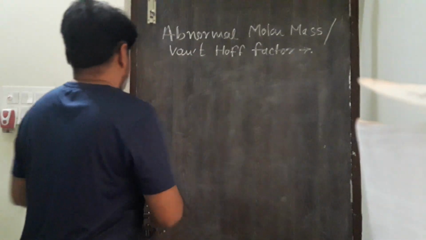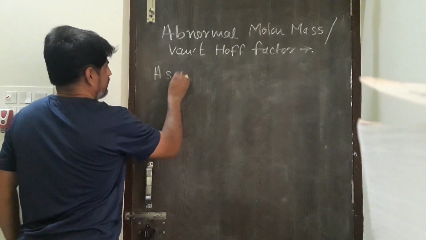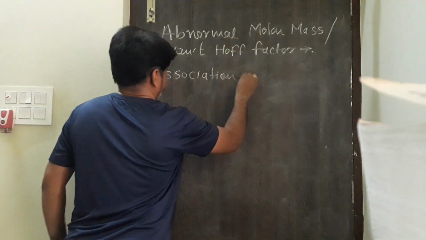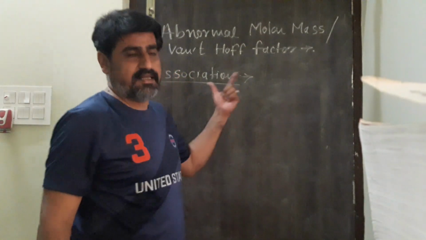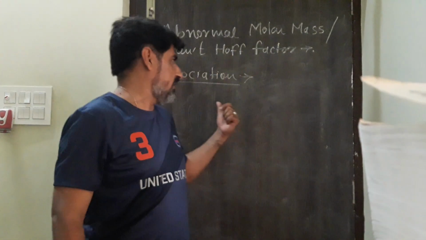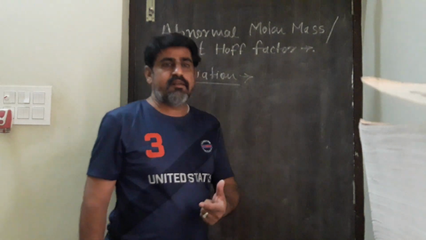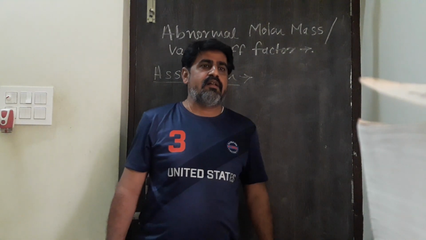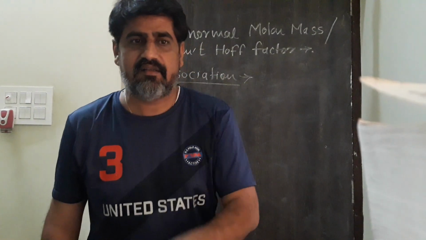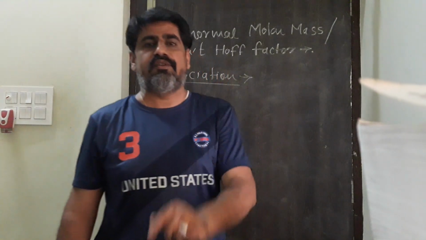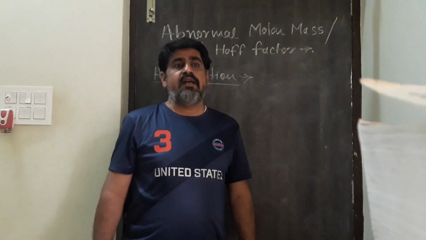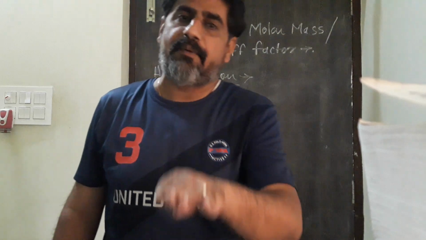So you have to write first, I am not writing all those things on the blackboard. You will write through the video. When association takes place in a solution, the number of solute particles gets reduced, which leads to a decrease in the calculated value of colligative property.